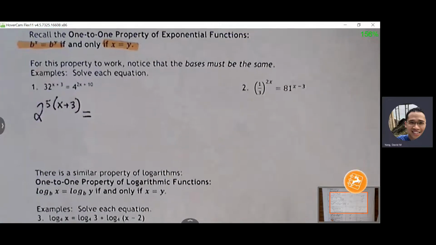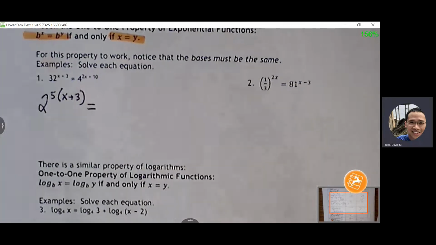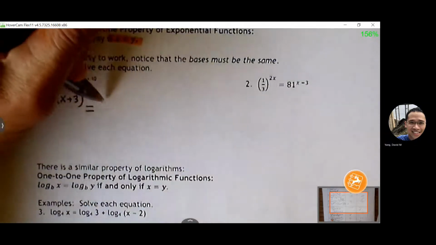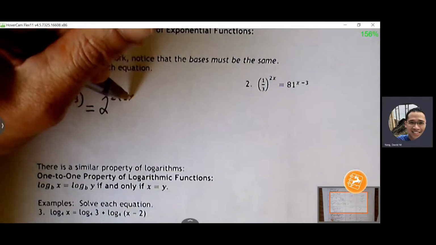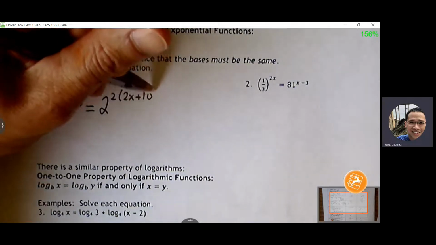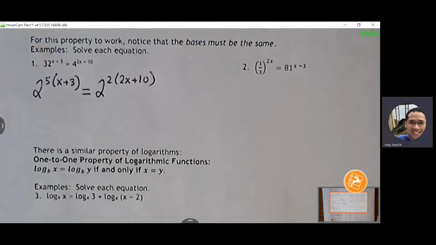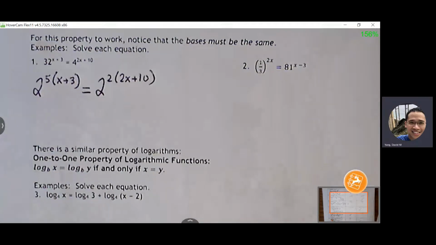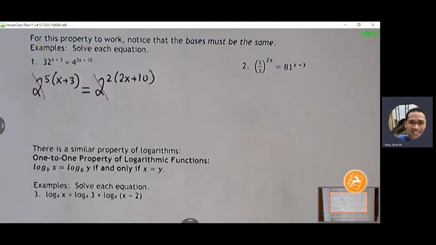And then 4 can be written as 2 squared. So I'm making that substitution, but then I'm bringing back that 2x plus 10. Now that my bases are matching, I'm able to focus my attention on just the exponent and solving that equation for x.